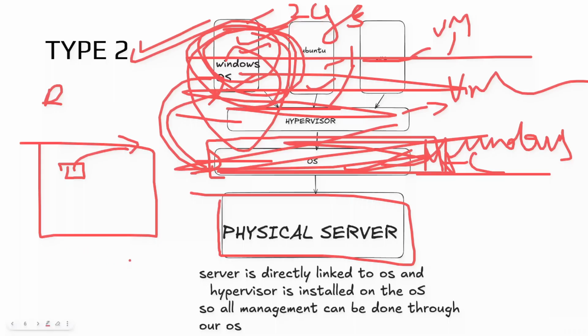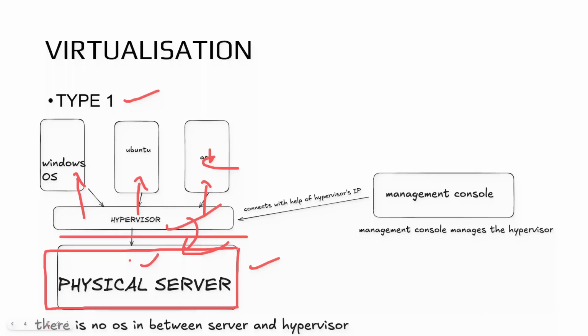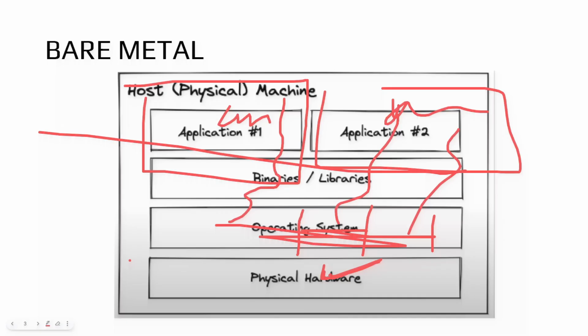So until now, what we have seen is, first, we have this bare metal server where we just run multiple applications. Now we want some more control of operating systems, and then inside the operating system we need to run the containers, we need to run the application and so on.